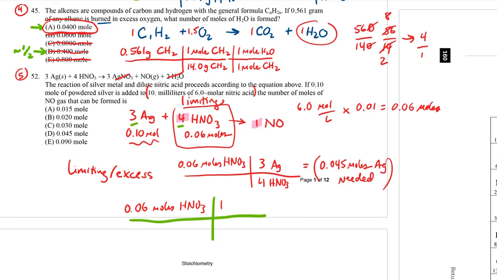Which means that I'll make 1 mole of NO for every 4 moles of nitric acid. What's 1/4 of 6? Well, half of 6 is 3, half of that is 1.5, so 0.015 moles of NO is what we'll make.